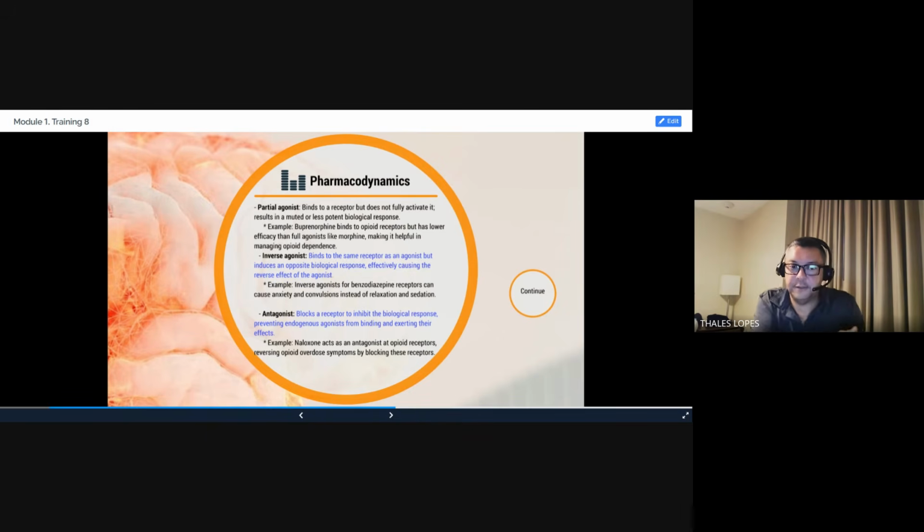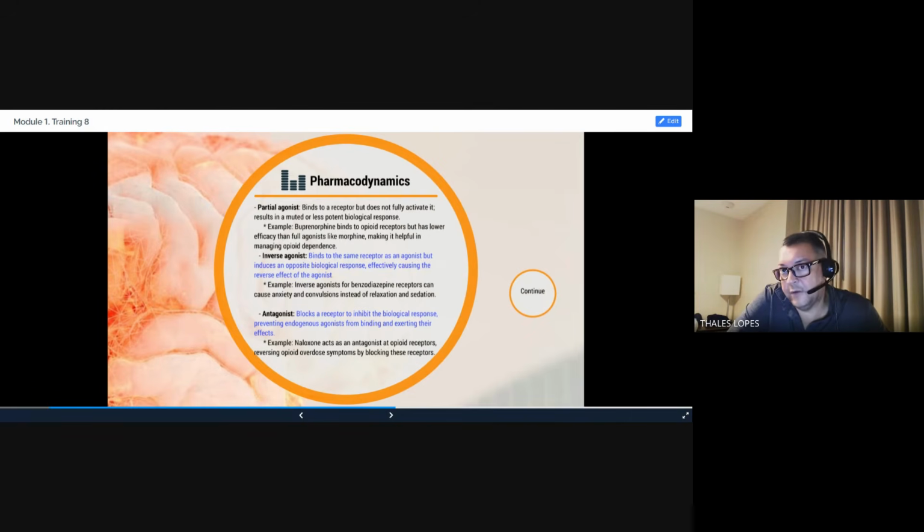But understand that the inverse agonist is the opposite of the agonist effect. It does the inverse. Now, when you say antagonist, what it does is sit there. It does nothing. It blocks the receptor to inhibit the biological response. It basically sits there and says no one is going to connect to this receptor. This receptor will be inactive. It prevents an endogenous agonist from binding or exerting its effect.